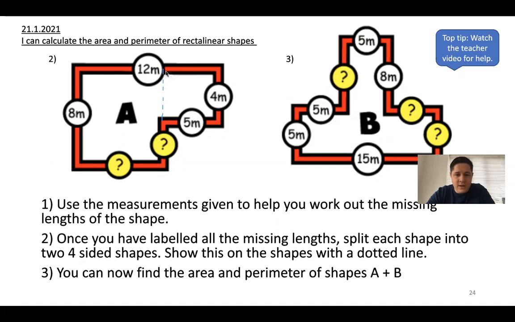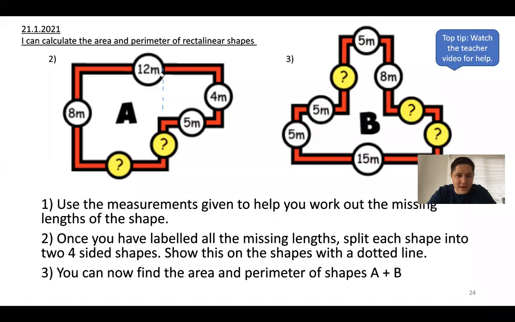If I was to try and find the area of this whole shape together, I could do it in two parts. I could find this part first by multiplying 8, which is the length of this side, by the length of this side that I found. And then I could do 4 multiplied by 5, and that will give me the area for this section. And then if I add both of those together, that's going to give me the total area for shape A. Does that make sense?